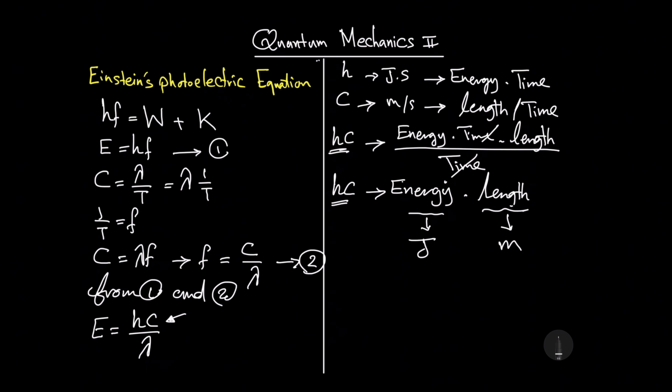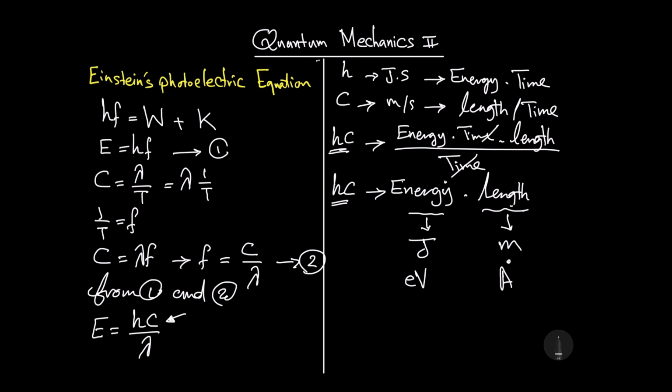I mean, in dealing with atoms, photons, electrons, and all this stuff in quantum mechanics, it's not so convenient to deal with the units of joule and meter. So it's much easier and more convenient to deal with the electron volt to express the energy rather than the joule, and the angstrom to express the length instead of meter.